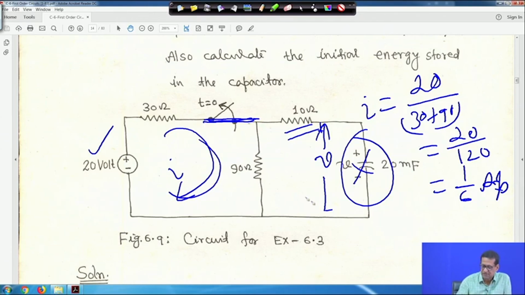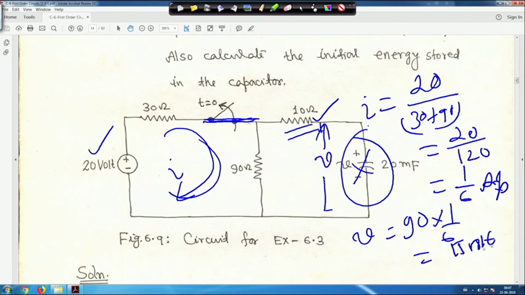In that case the voltage across this will be 90 into 1 by 6, that is 15 volt, because no current is flowing here, it is an open circuit. So when the switch was closed for a long time, the voltage across this capacitor is just 15 volt.